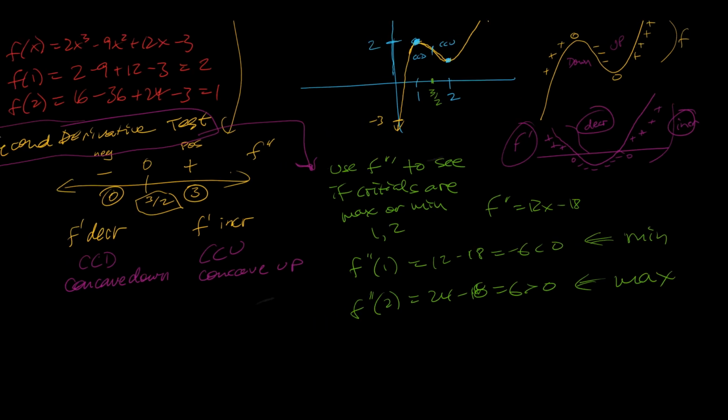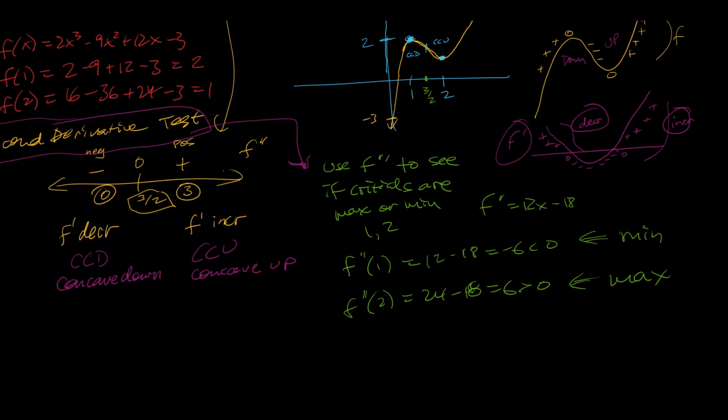Well, because we said that where the second derivative is negative, the function's concave down. Oops, these are backwards. Sorry, this is a max here. Yeah, that's right, and this is a min. I never memorize this stuff. I always have to derive it every time.